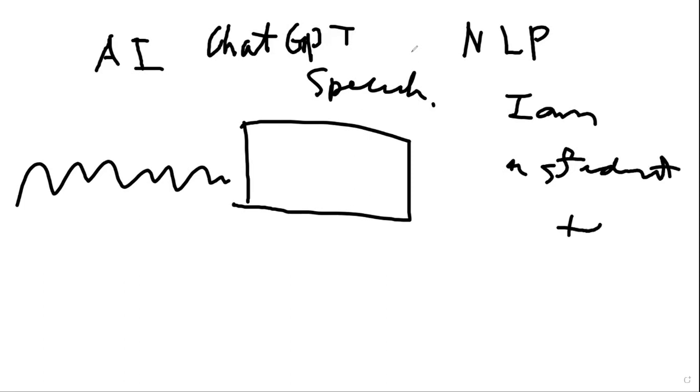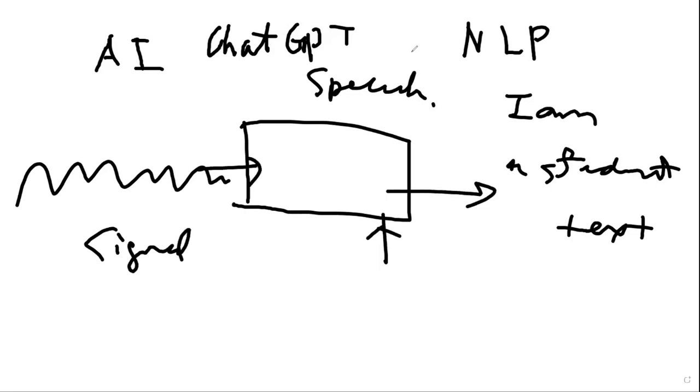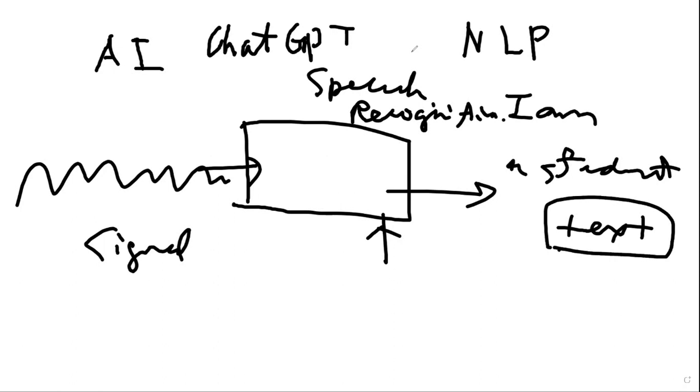So this side is the signal, this side is text. And what is this speech recognition? Can you answer? Left side signal, right side text, right? And what does this speech recognition do?